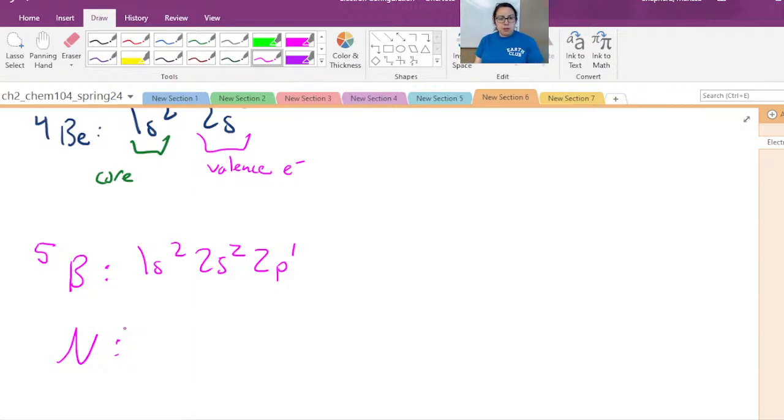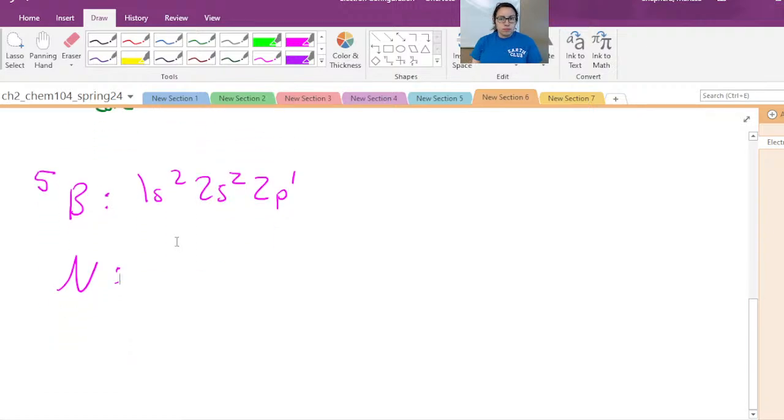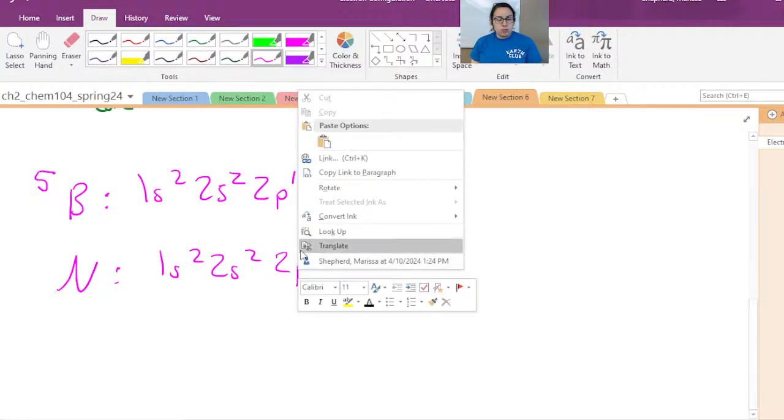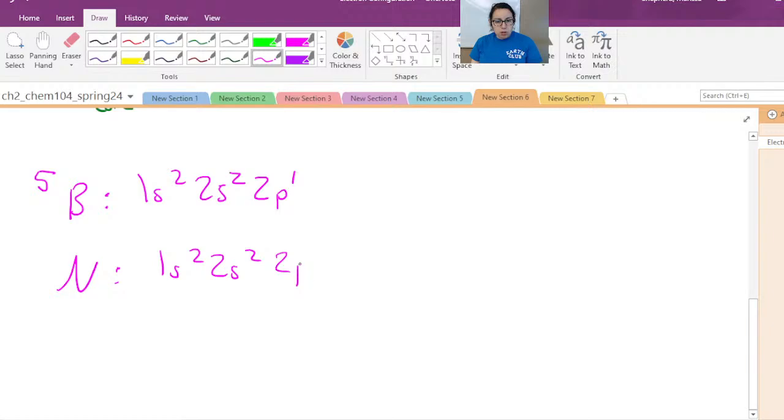So what do we get for nitrogen's electron configuration? 2p. We can just put all the p's together even though there's several of them. Let's look at a few other things. This looks good.